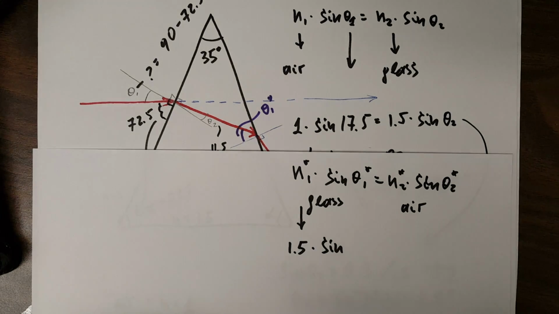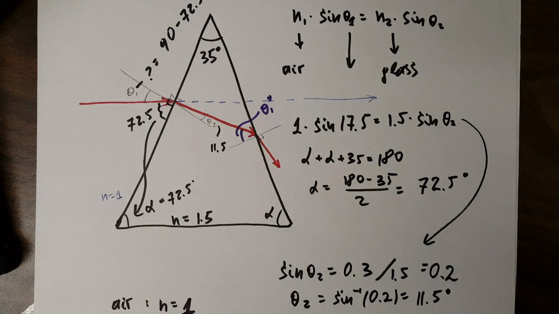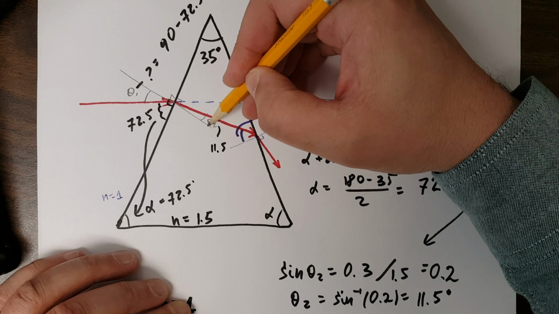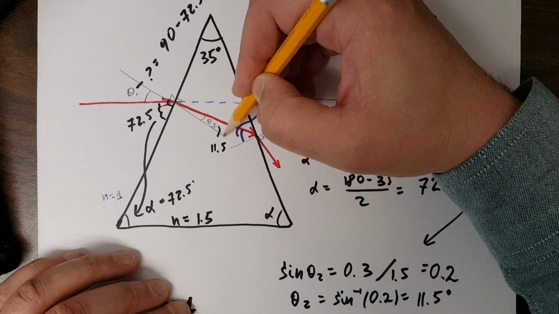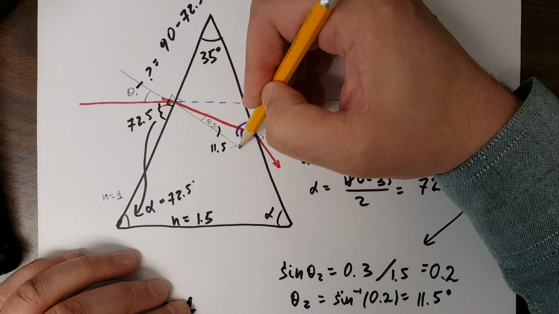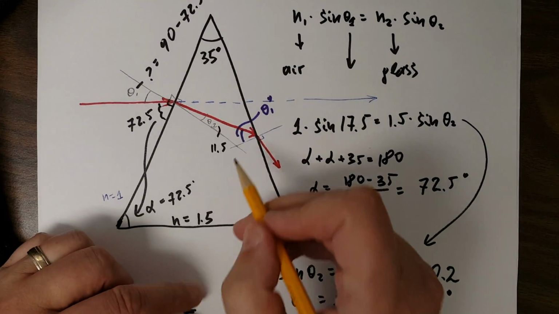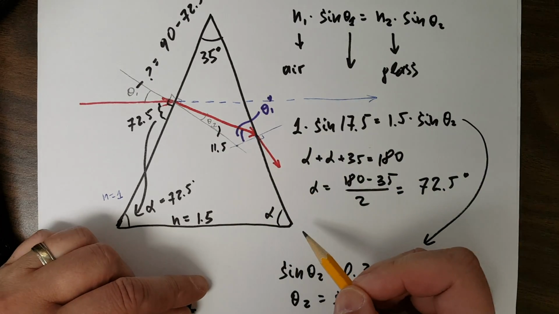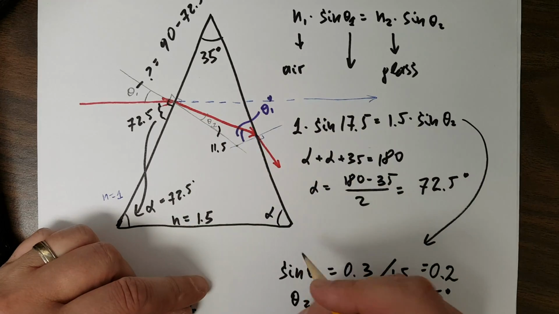And in order to find this angle, we have to forget about physics, and we have to start doing pure geometry. So it's all about angles. We need to see some geometrical figures like triangles. And if I connect these two normals, I can see that they, together with this line, form a triangle.